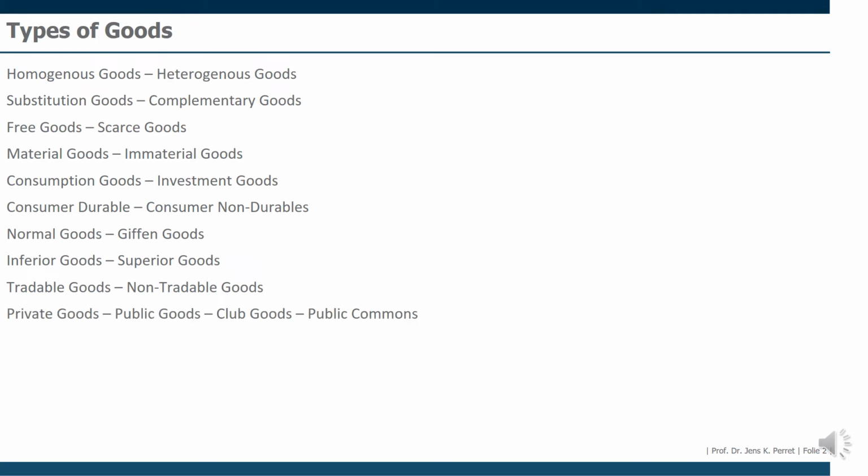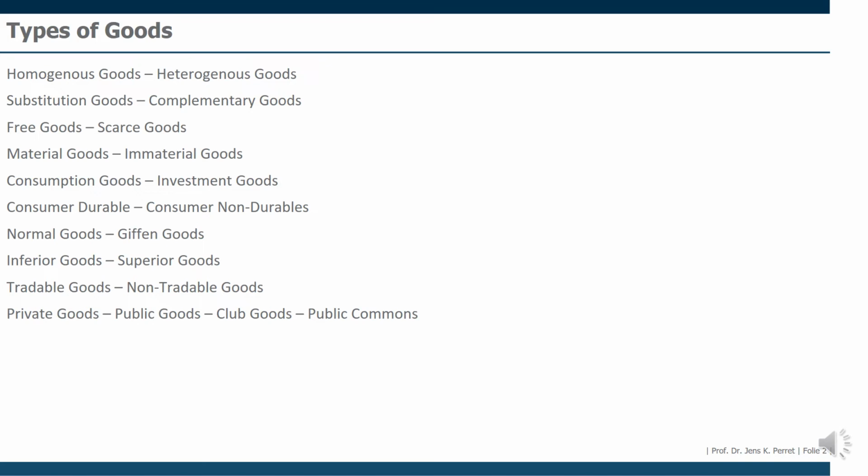Then we do not have a pair, but actually a quadruple of goods. And that's private goods, public goods, club goods, and so-called public commons. Usually the differentiation goes in a 2x2 table, where there are two characteristics to these goods. Is there rivalry in consumption? So if one person consumes this good, it's impossible for other people to consume this as well.